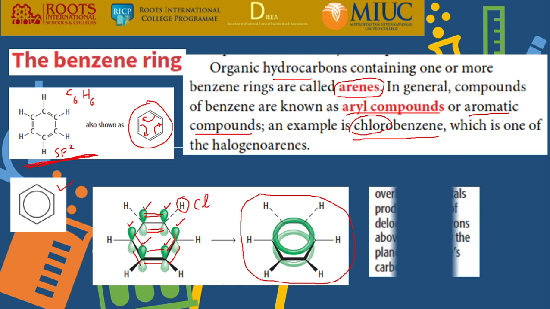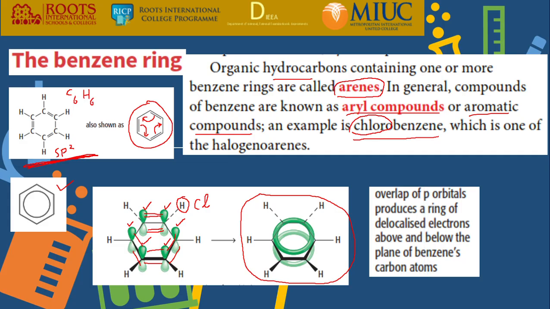As you study the syllabus of aromatic organic chemistry for A2 level, you will find many different derivatives made from benzene ring. One more very important concept, overlap of p orbitals. As you can see here, overlap of p orbitals produces a ring of delocalized electrons. Very important. We have heard this word delocalized electron in the case of metals.